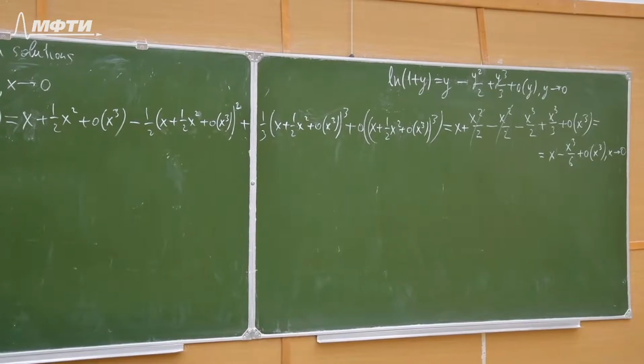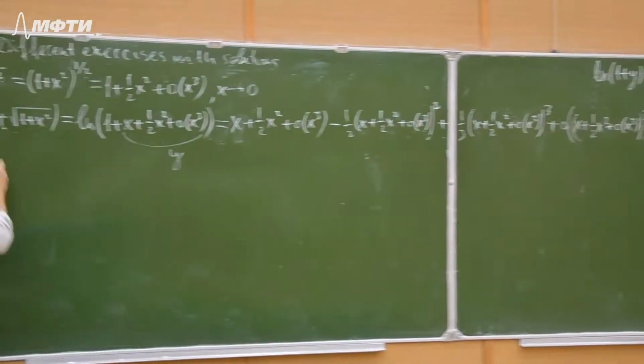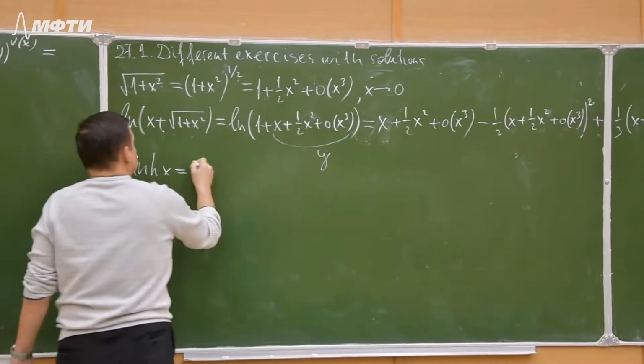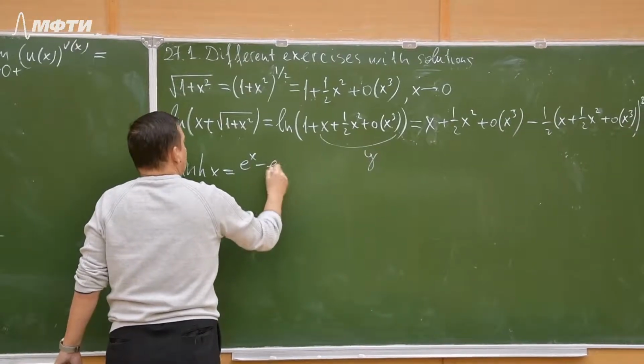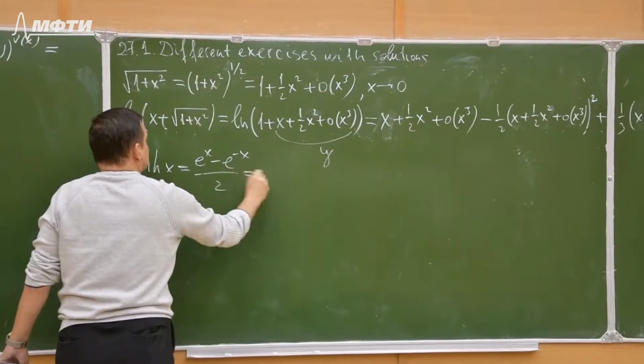Now, sine hyperbolic. Sine hyperbolic is (e to the power x minus e to the power minus x) over 2.